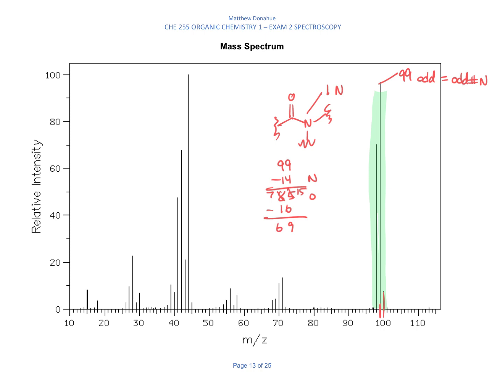That's going to give us all of the C plus the H's, 69. Now if we take 69 and divide that by 12, we can see that 5 seems the most appropriate.